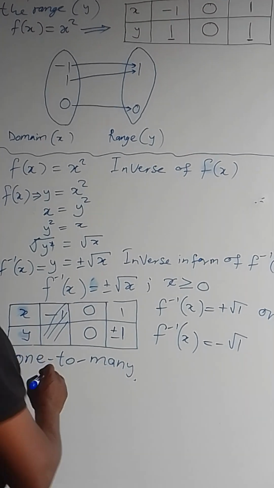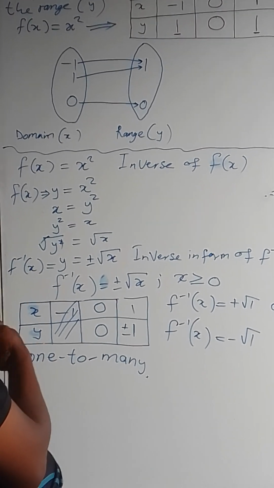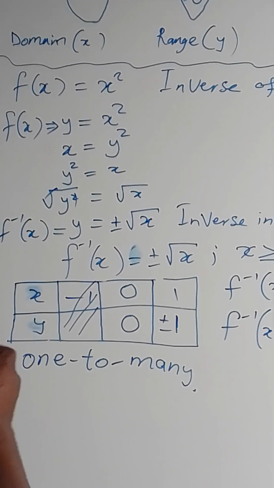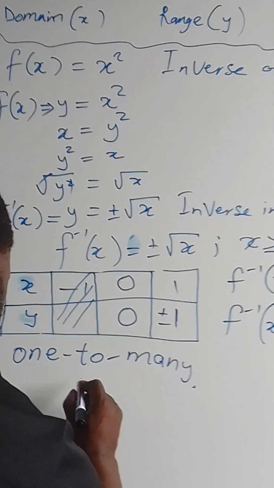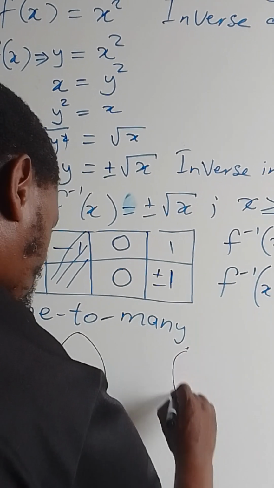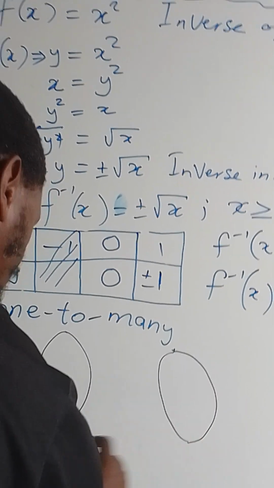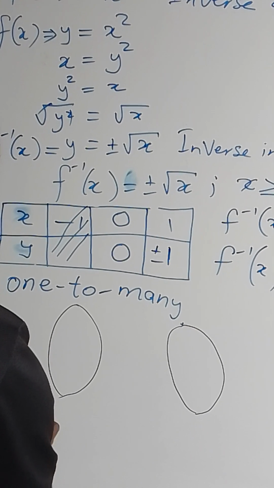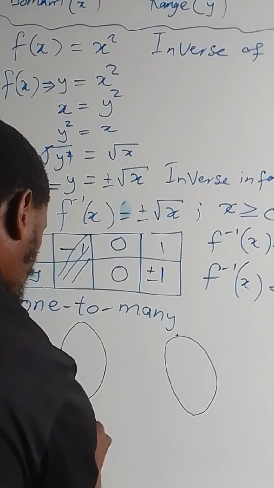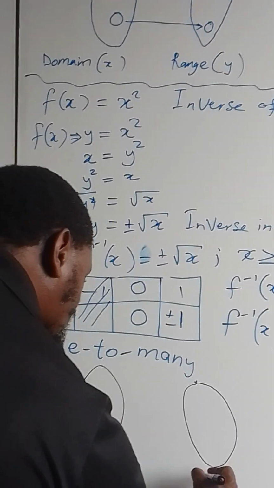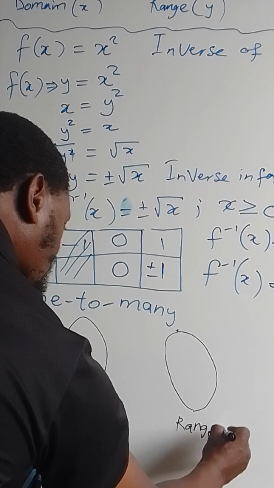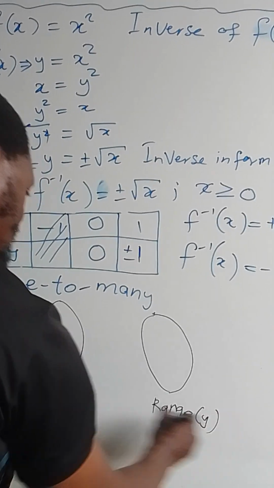So if we can put this into the elements. Let's put the elements of x here and the elements of y here. This is your domain. Domain is represented by x and range, which is represented by y.